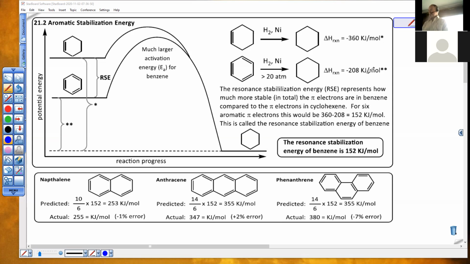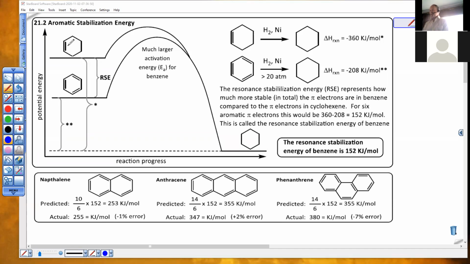And we're doing the same product here. And what happened was I really did 3 of these and 1 of these, and I got the same number of pi electrons being reduced, but I did not get the same amount of energy back. I got a lot less out of this reaction than I got out of this because these pi electrons are much more stable than this pi electron here.